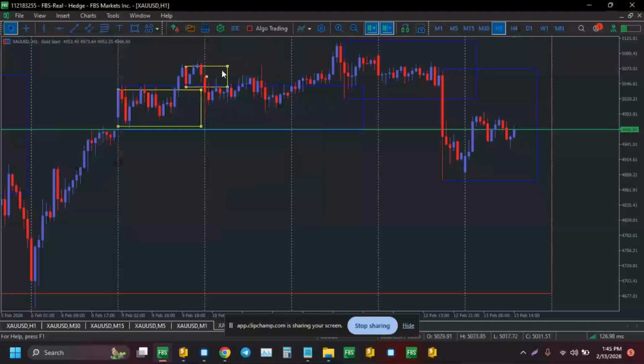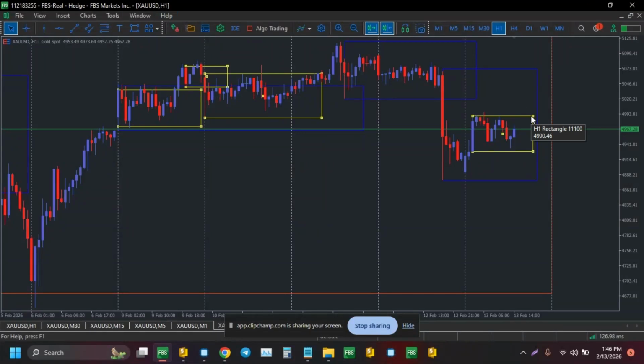You see, it only gives one push after it prints. Only one push, then it continues. Only one push, only one push. Even today, you can see we are still stuck in the range.